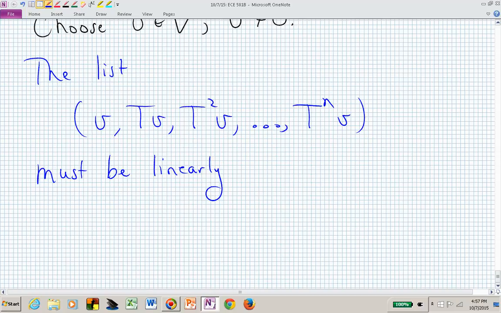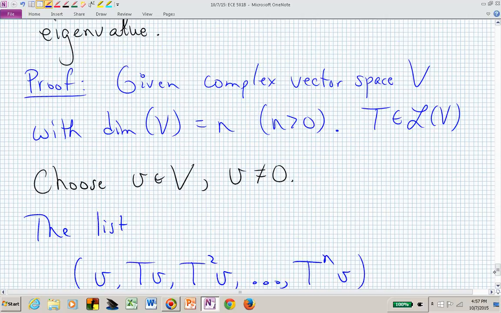And what do we know about the dimension of that vector space? The vector space is of dimension n.